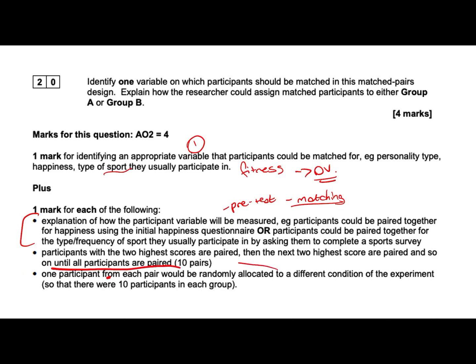And then 1 member of each pair will be randomly allocated to the independent sport condition and the other to the group sport condition. So for 4 marks, you needed to remember the process and outline every step in that process of matched pairs designs.